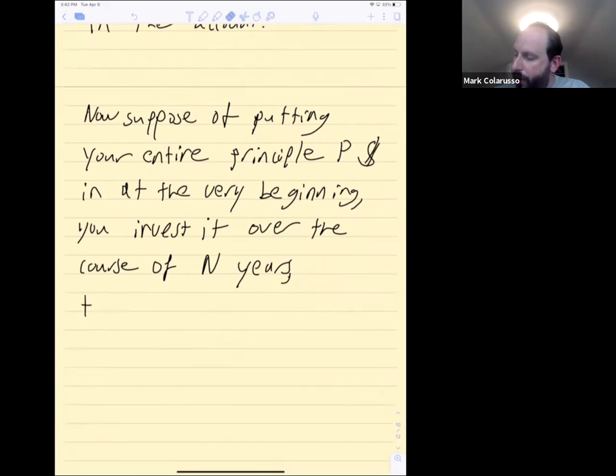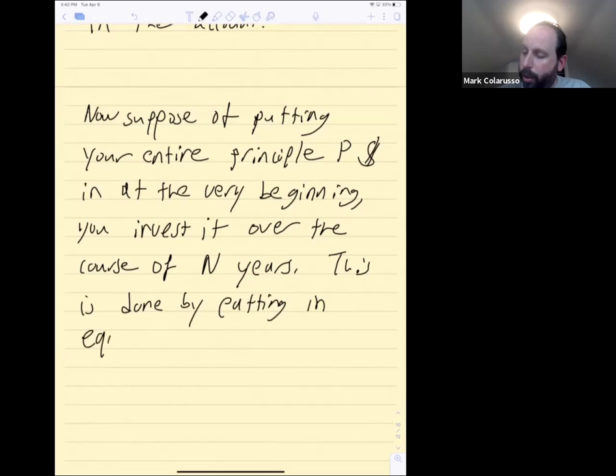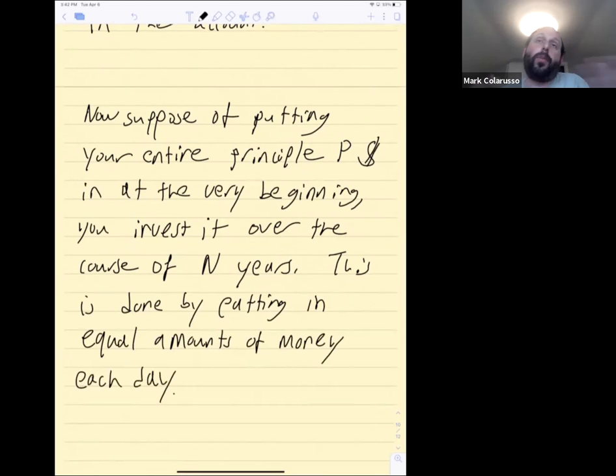This is done by putting in equal amounts of money each day. For some people this is maybe a better investment strategy, because you're not having to throw up all this money up front. You may not have that disposable income.